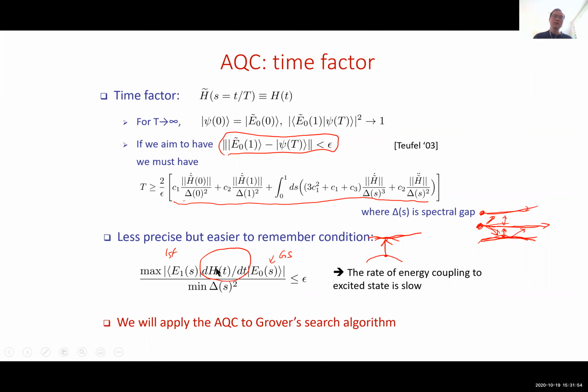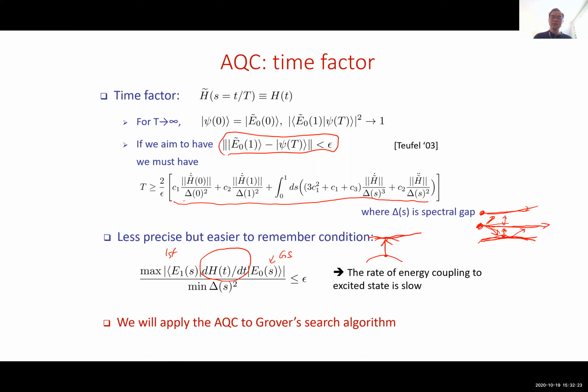You can see that this is the Hamiltonian derivative with respect to time, right? It's the rate at which this makes the transition through the energy, and it should be smaller than the minimum gap squared times the error threshold that you set.